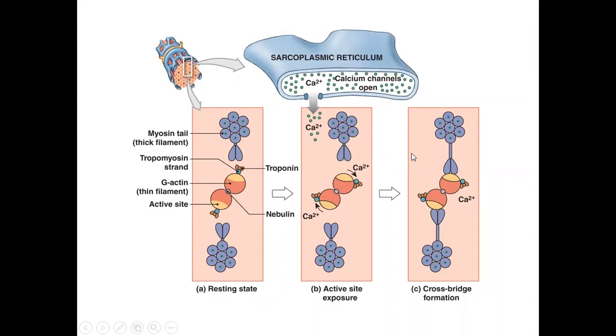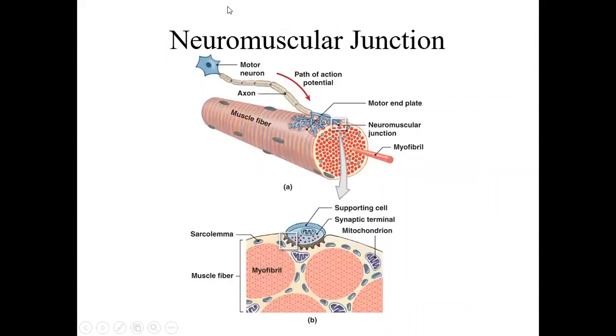Number 2, the next step that we are going to learn is the neuromuscular junction, but we did this in the other physiology. Remember 13, 31, we did the neuromuscular junction. I am not going to go through that again.